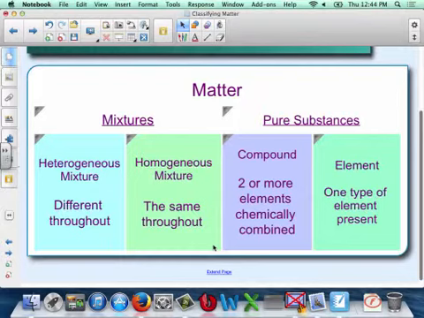I guess you could say that. Sugar would be an example of that, I would say, although I think those are more compounds. Ultimately, a homogeneous mixture is just going to be the same all the way throughout the whole thing. Any questions on mixtures or pure substances?